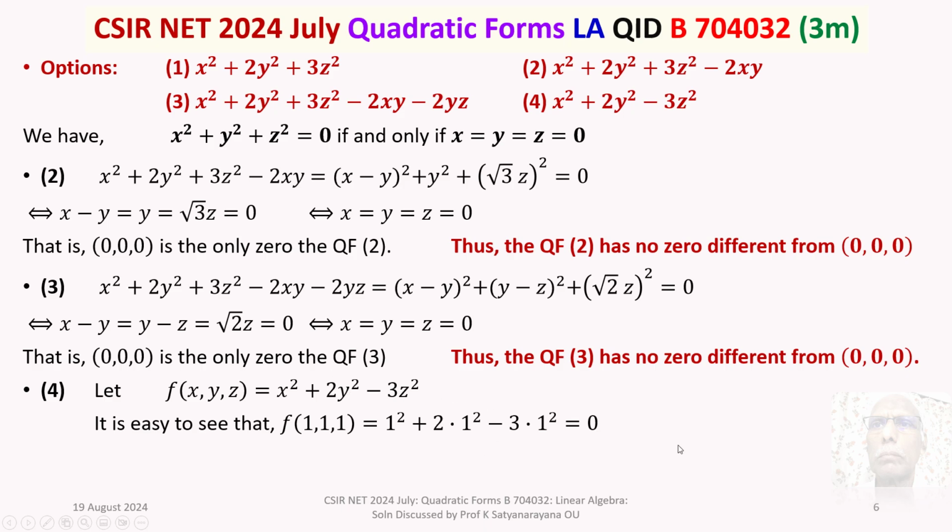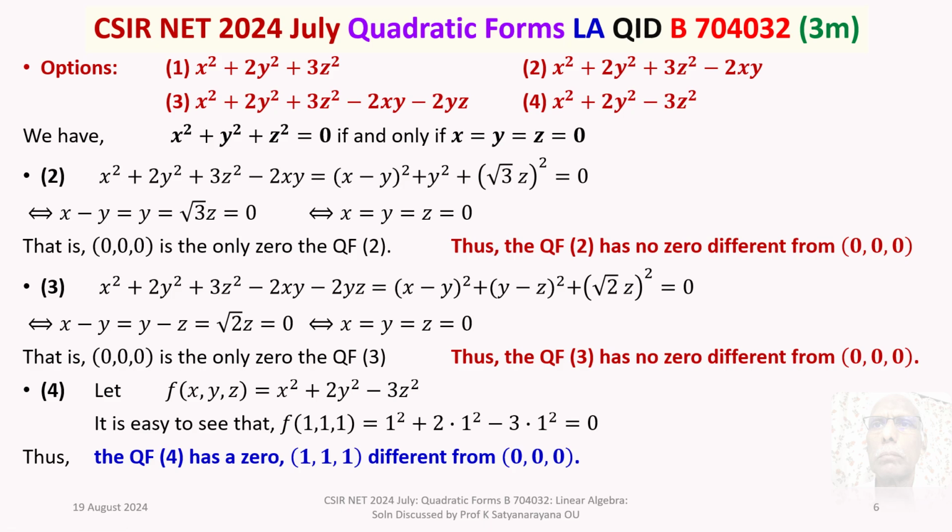So that means the quadratic form 4 has a zero. That zero is (1, 1, 1), different from (0, 0, 0). So, it has a zero which is different from (0, 0, 0). That is what we wanted. Therefore, the answer to this question is option 4. That is the detailed discussion of the solution of this problem.